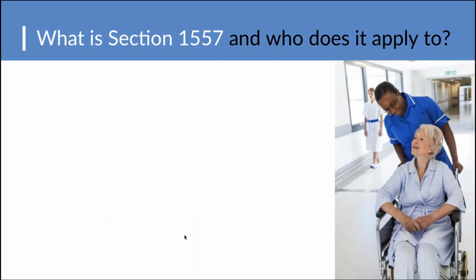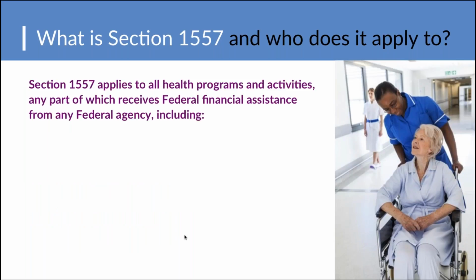Those questions will be answered, and I will make sure that they're answered as part of this process, okay? So Section 1557 applies to all health programs and activities for which federal funding assistance is supplied. Now, as it relates to commercial payers, we know that in the state of California, there are specific requirements to provide language translation services for all medical care.